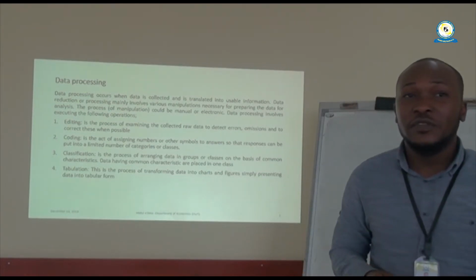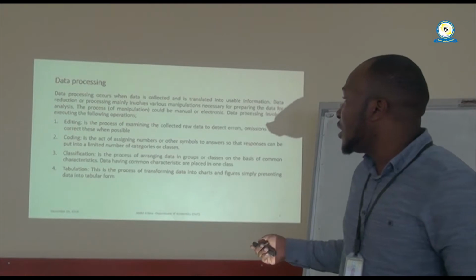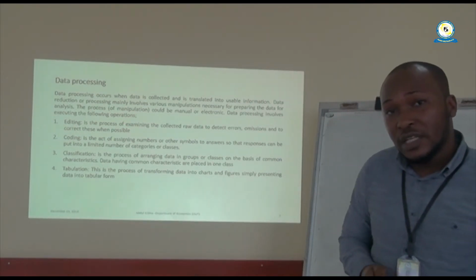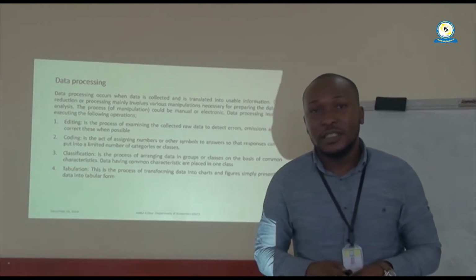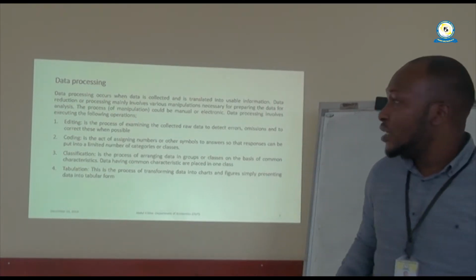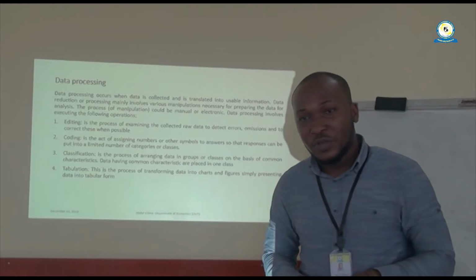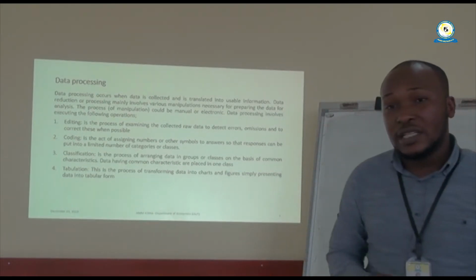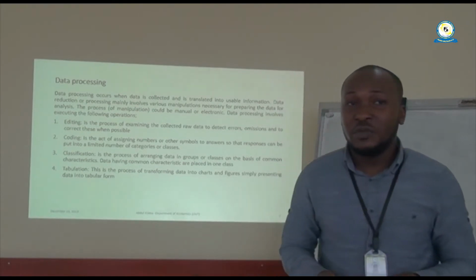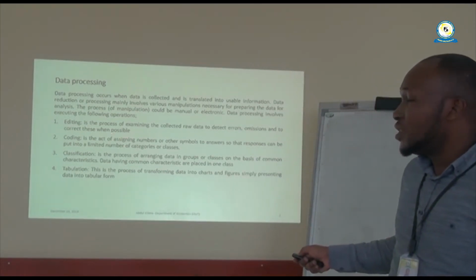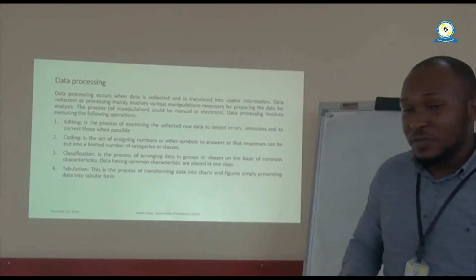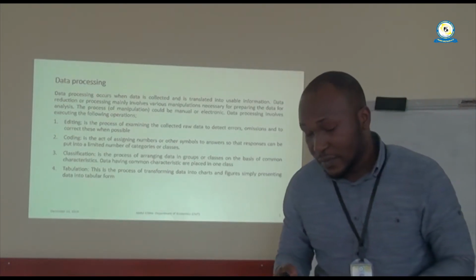Or let's say you have obtained age data, and in the age you have someone with 1,000 years. That is not possible, so you go and omit those errors. Or someone has miscollected data. You have some missing information. You go about to know why there is missing data in this area.